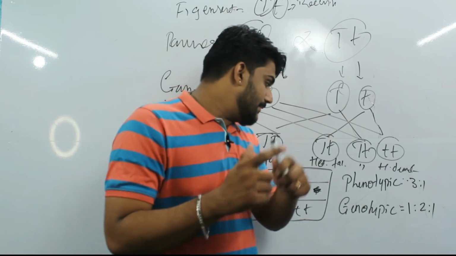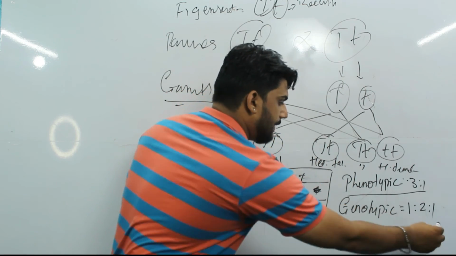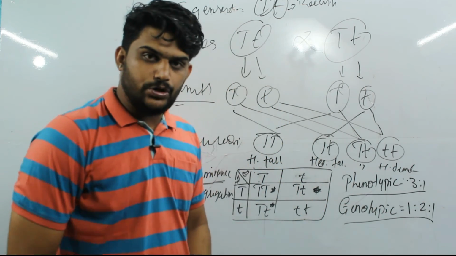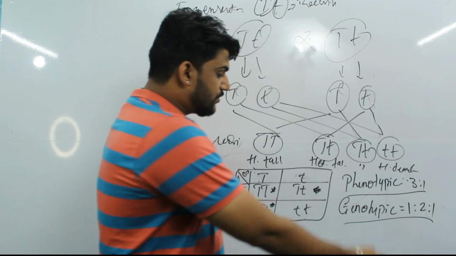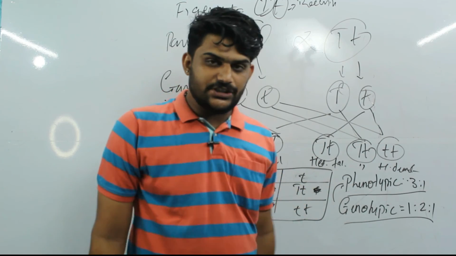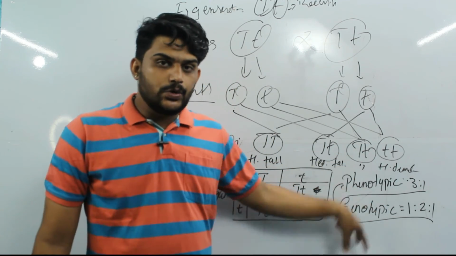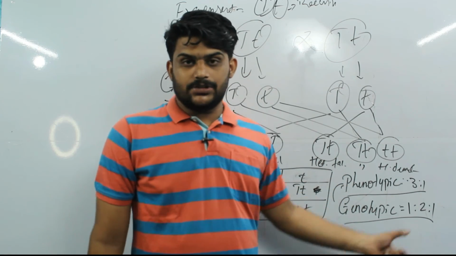And remember one thing: whenever you write the phenotypic and genotypic ratios in examinations, they must be in your answer sheet, because it carries very good weightage and you'll get good marks from it.